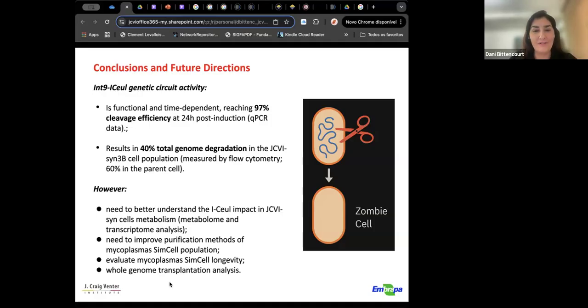So the minimal cell, which has just a tiny little genome in comparison with the wild type Mycoplasma, is actually being capable of escaping this. So what's going on? Which are the genes that are responsible for this? And of course, we need to improve the purification methods of the Mycoplasma syn cells, or zombie cell population.